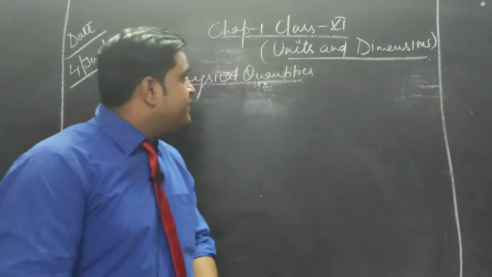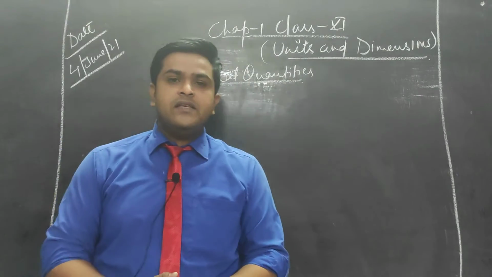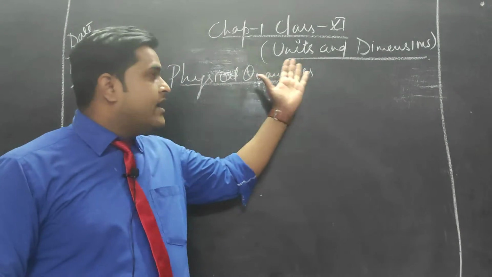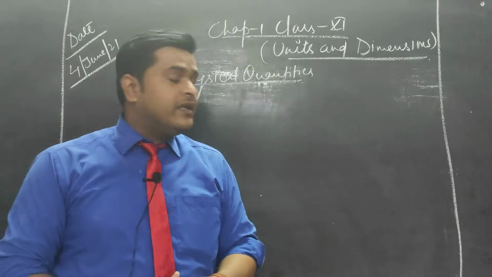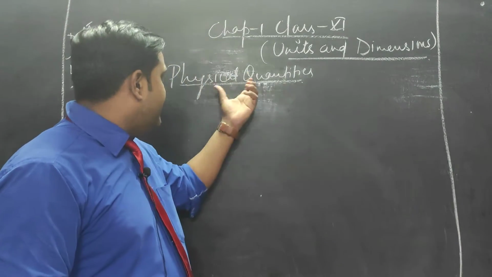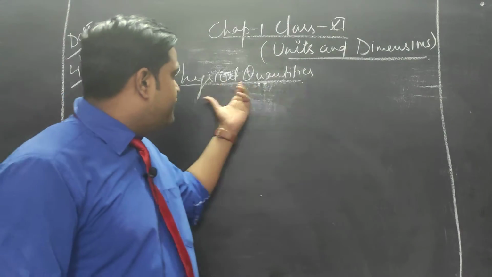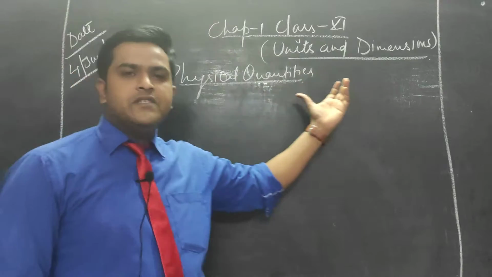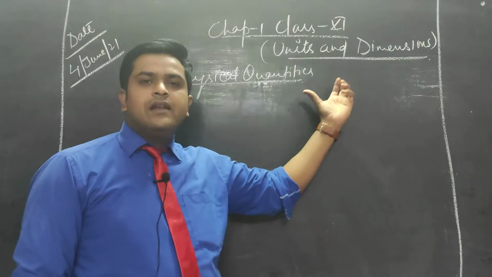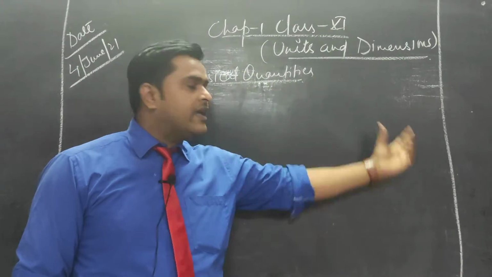Students, in this video we are going to discuss the basic concepts of units and dimension. So, we'll start with the basic fundamental quantities, like physical quantities. First, we'll discuss what are physical quantities, then we'll classify them into vectors and scalars.